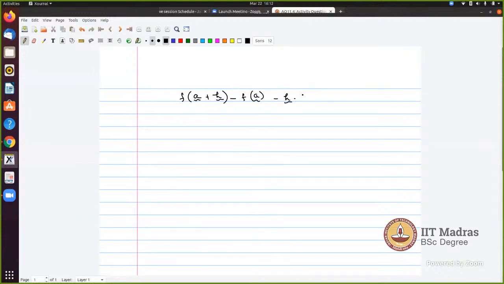Here we have h dot grad of f at a, divided by the norm of h. When this limit exists and goes to zero, then the function is differentiable. Have you seen this? Yes, sir, in the lecture.